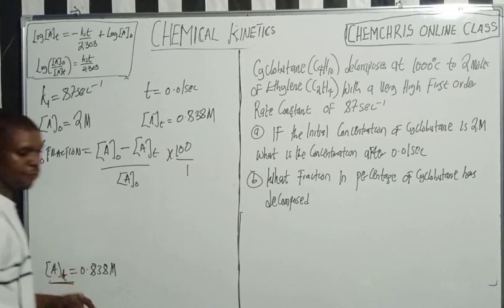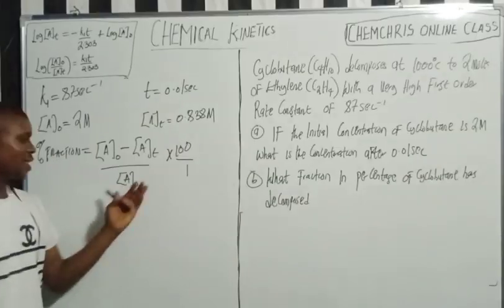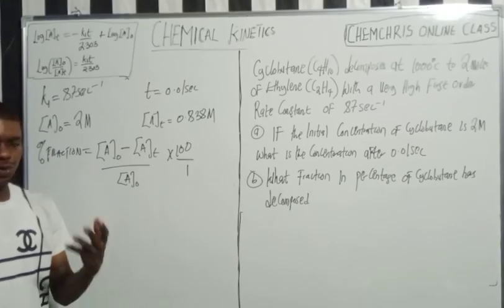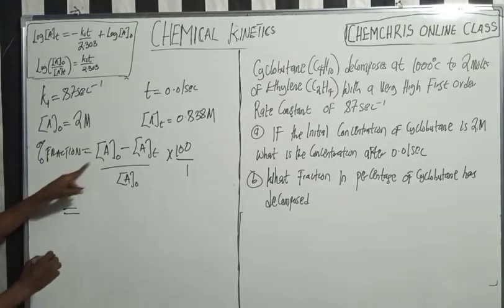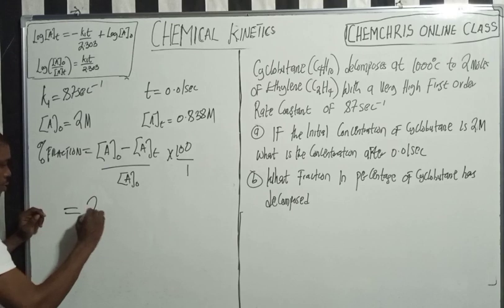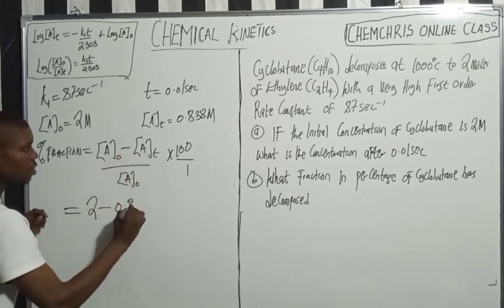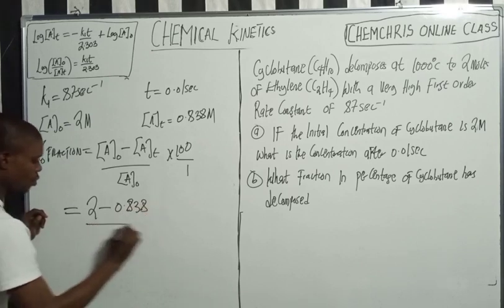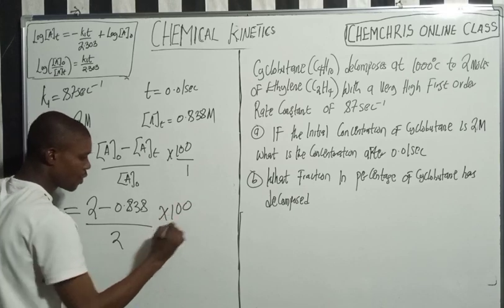It's okay. This was a simple formula I was making use of. So initial minus final divided by initial times 100 over 1. So it's going to be like this. So A naught is 2, minus At is 0.838, over 2 times 100 over 1.